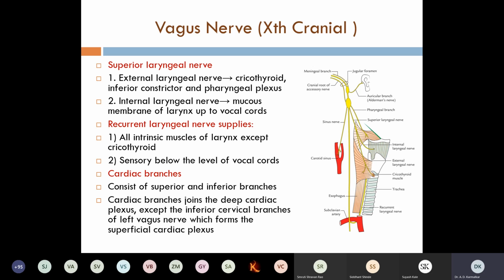There is one exception: the inferior cervical branch of the left vagus nerve, which forms the superficial cardiac plexus. The deep cardiac plexus is formed by the vagus nerve except for this branch. When you study the nerve supply of the heart, you will come to know the importance of this sentence.